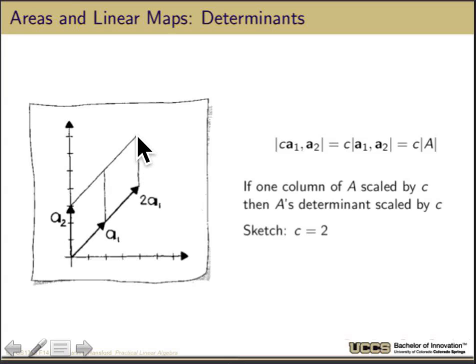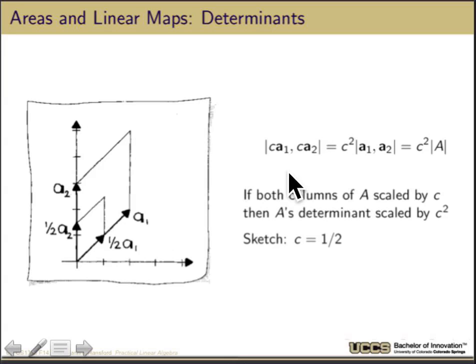So what's going to happen if I multiply both a1 and a2 by c? Well, if I multiply both c times a1 and c times a2, that's going to be equal to c squared times the determinant. And you can again see that graphically. If I had this side, a1, and I multiply it by half, and a2, and I multiply it by half, this area is 1/4 of the area.